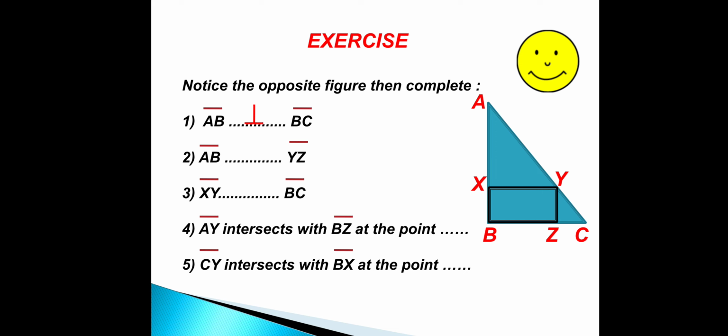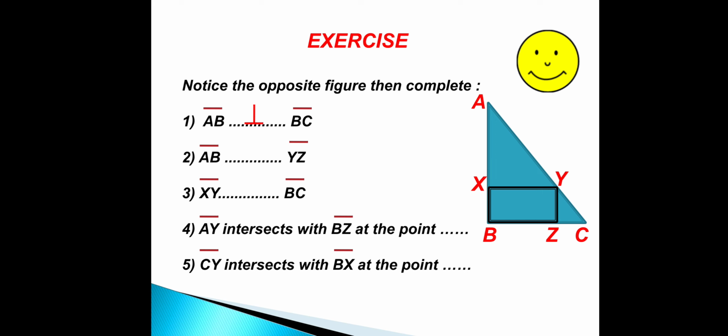AY, when we complete it, it stops at C. BZ, when we complete it, stops at C. So the intersecting point is C. AY and BZ will meet at point C.